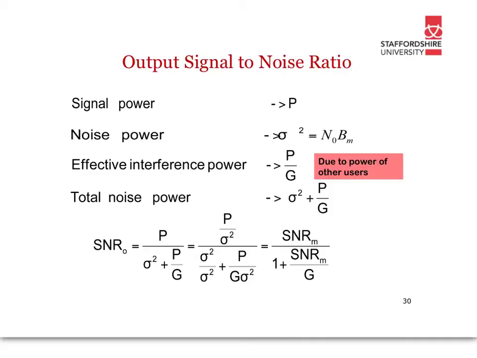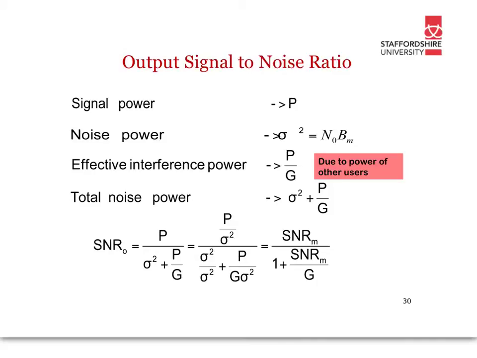Then the effective interference power is given by P divided by the gain, or the spreading gain, which is also equal to the chip rate. The chip rate is essentially how many bits in the spreading code we have compared to one data bit.